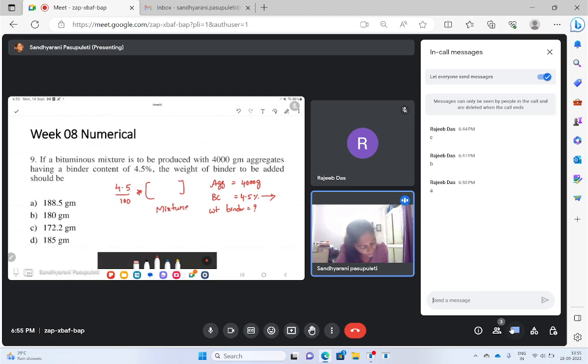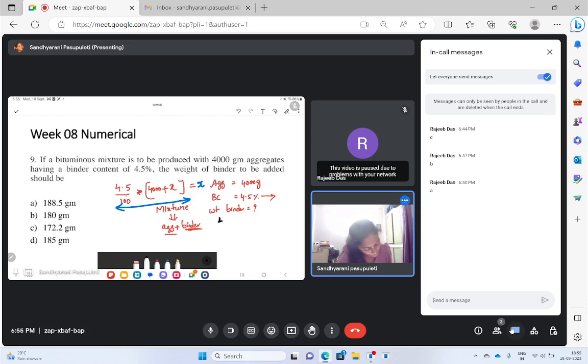The bituminous mixture means aggregate plus binder. In the current problem, the aggregates are 4000 grams, but the binder is not given, so it is X. So 4.5 percent of this total mixture will be the binder content, again X. So this we can now calculate.